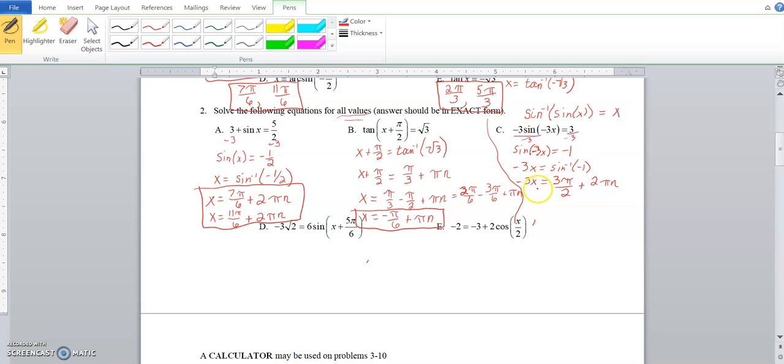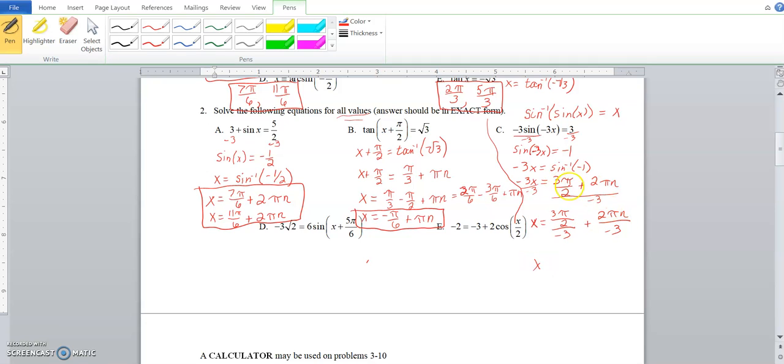So if we divide everything by -3 here, what we find is x is equal to 3 pi over 2 divided by -3 plus 2 pi n divided by -3.